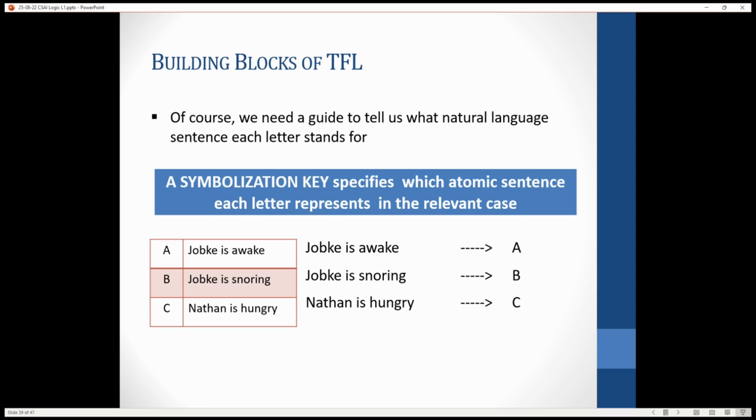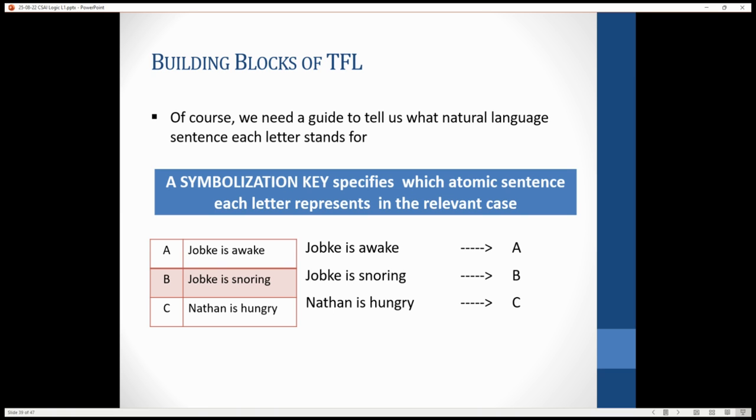Of course, we can't just go willy-nilly, so we'll use guides. In particular, we'll have symbolization keys. Symbolization keys, unsurprisingly, specify which atomic sentence each letter represents in the relevant case. Note, atomic sentence here is actually referring to English.